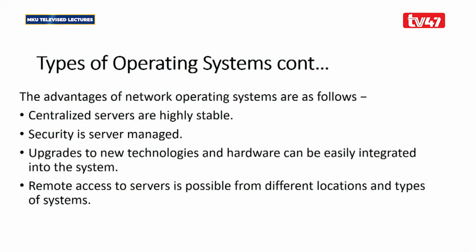So these are basically server capabilities that network operating systems provide for us. Centralized management is very stable because you are sure that your network is centrally managed. And remote access to servers is possible, meaning you can access the server from wherever, despite your location.